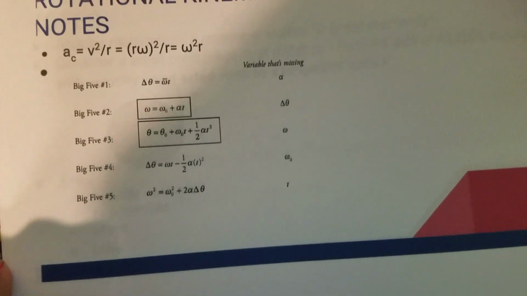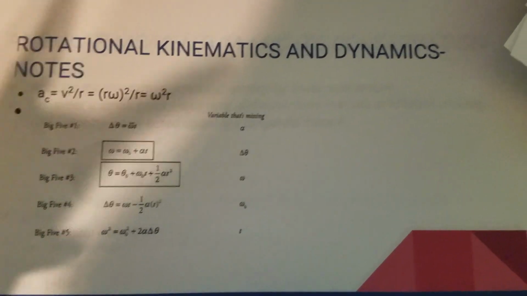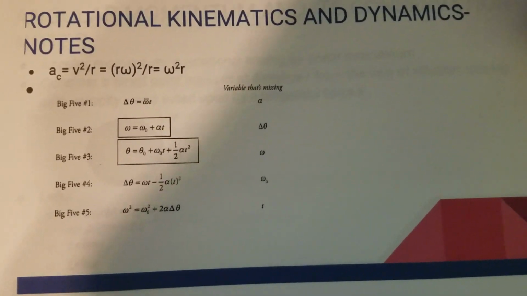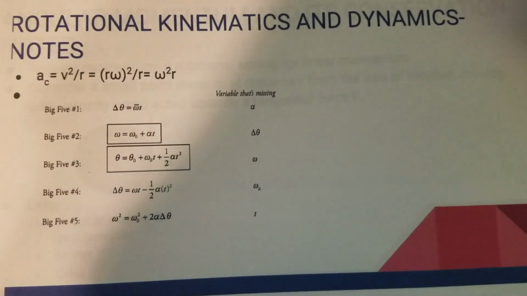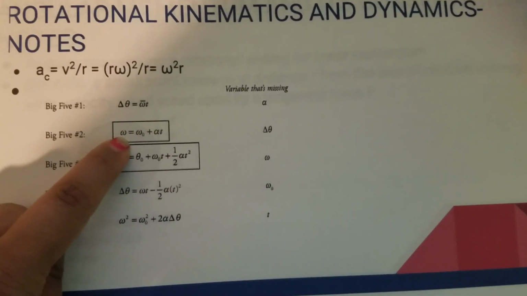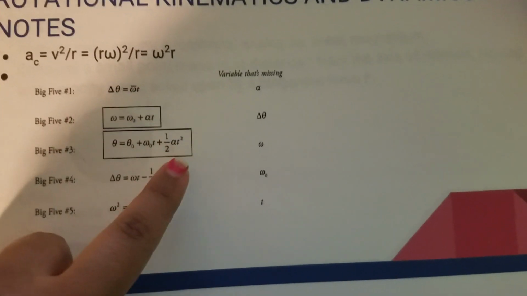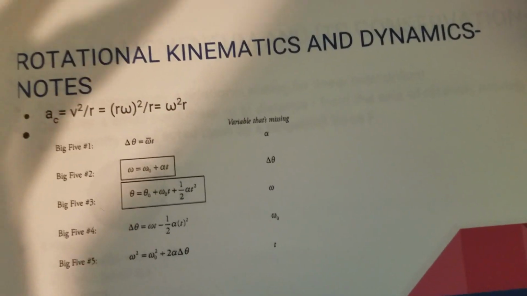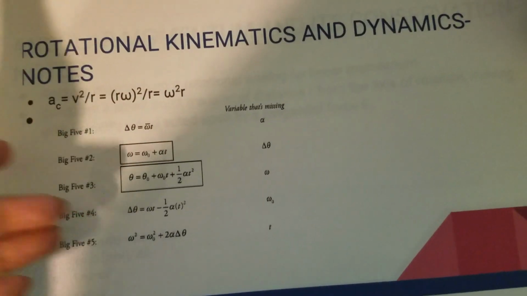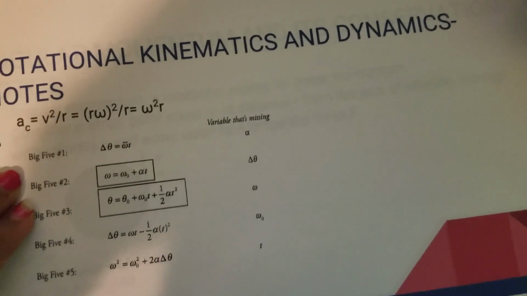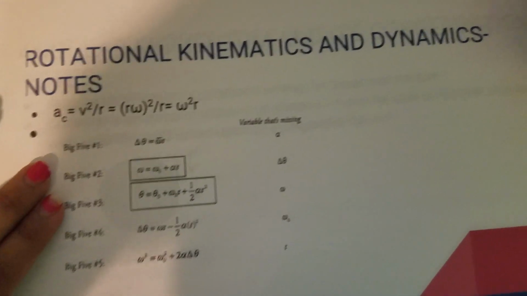And the last thing you need to know is the big five for rotational kinematics, which should be simple because you just think of the rotational analogs of each other, like angular velocity for v, the initial angular velocity for initial velocity. And you just go from there, but these two are the main ones you use for rotational kinematics.